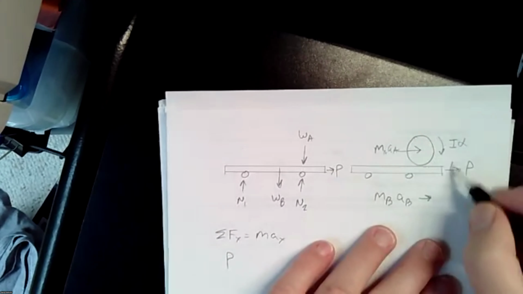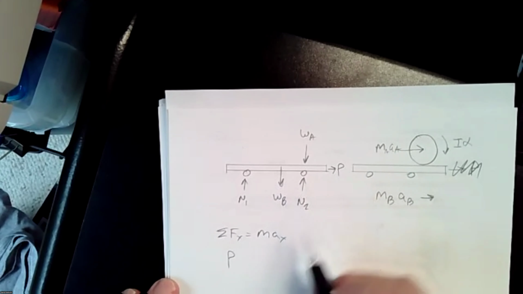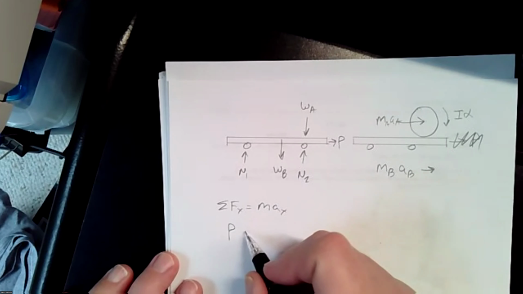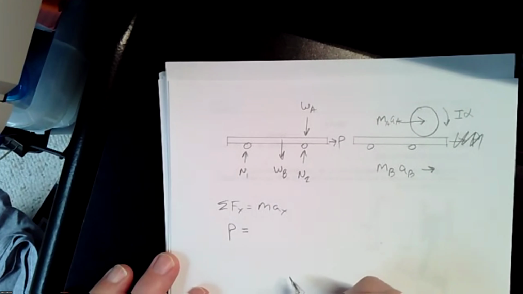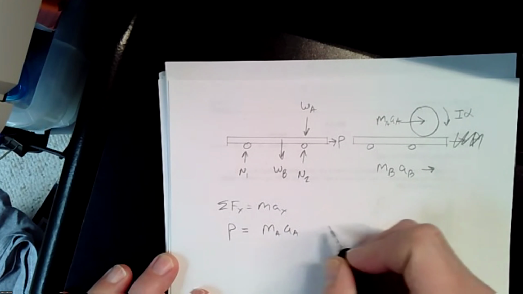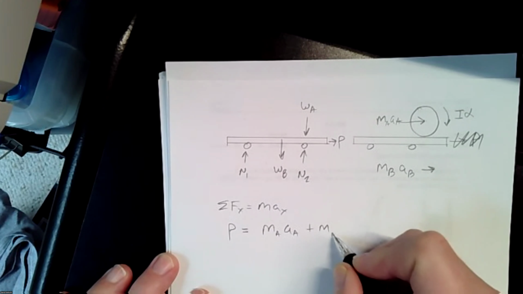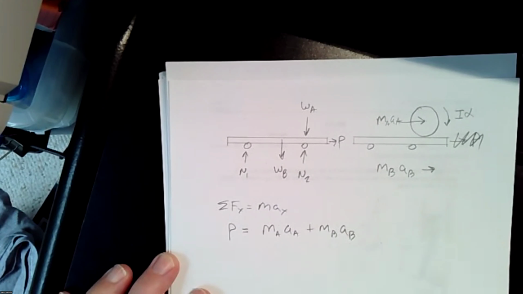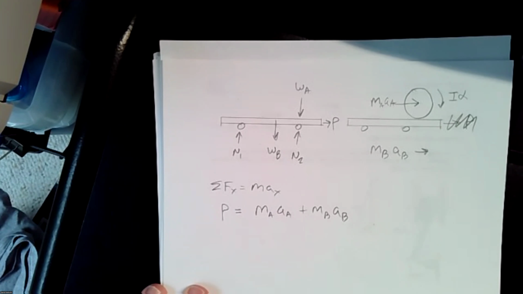Sorry about that. So P is over there. So P equals m_A a_A plus m_B a_B. And that's not so bad.